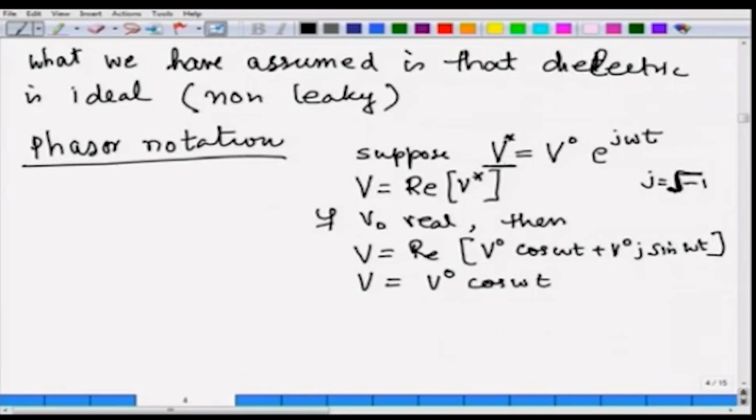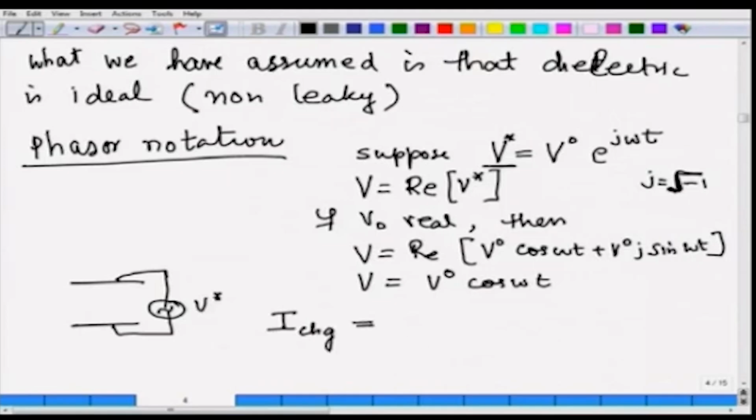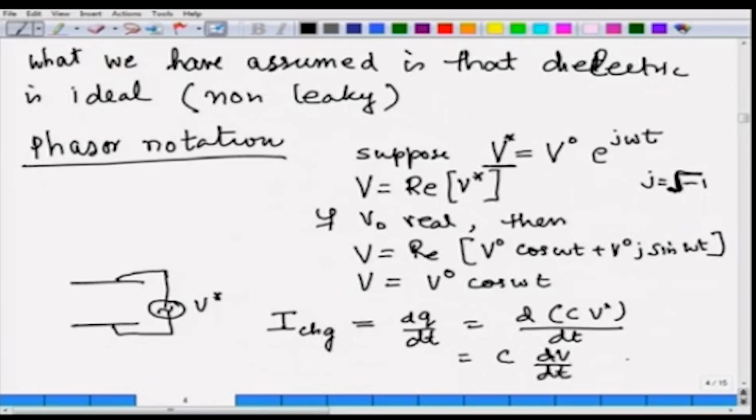Then what happens to the capacitor? That is the question. If I take a capacitor and apply AC voltage V star, then I get a charging current, which will be given as dq by dt, which is d(CV) by dt, which is C dV by dt.